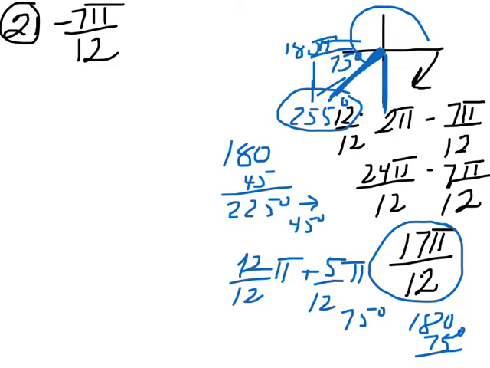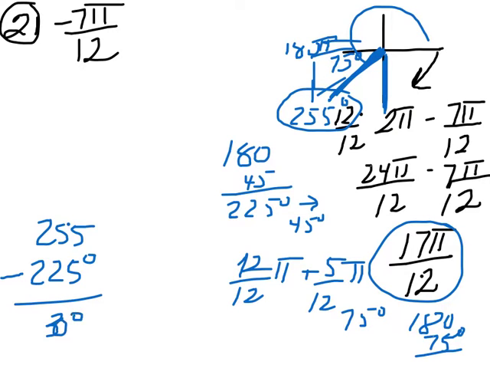So if I use that, what would 255, which is the angle I really have, minus that 225 give me? If I subtract, isn't it 30? Right? So couldn't I say that this is equal to 225 degrees plus 30 degrees if it's 255, right?